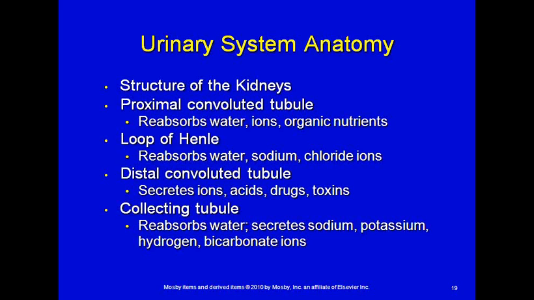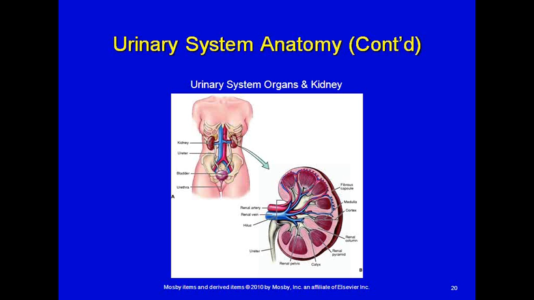The loop of Henle also reabsorbs water, sodium, and chloride. Lasix is a loop diuretic, so it works in the loop of Henle. The distal convoluted tubule secretes ions, acids, drugs, and toxins. And the collecting tubule reabsorbs water, but also secretes sodium, potassium, hydrogen, and bicarbonate ions in order to maintain your electrolyte balance as well as your acid-base balance.